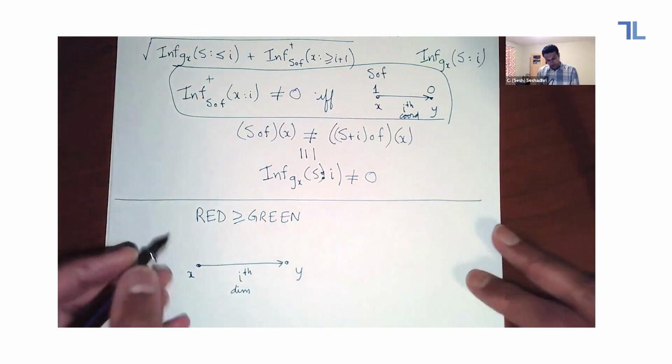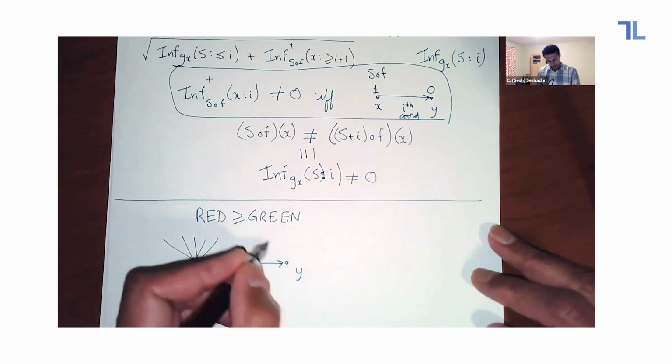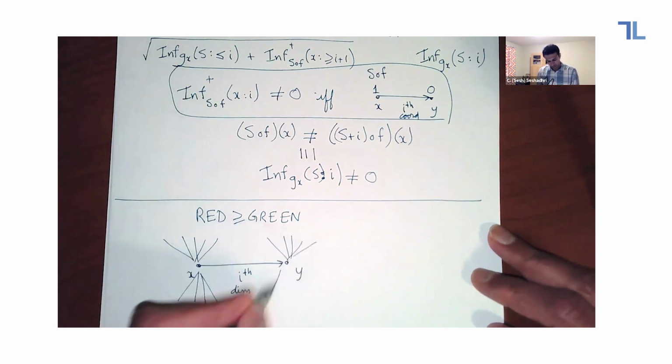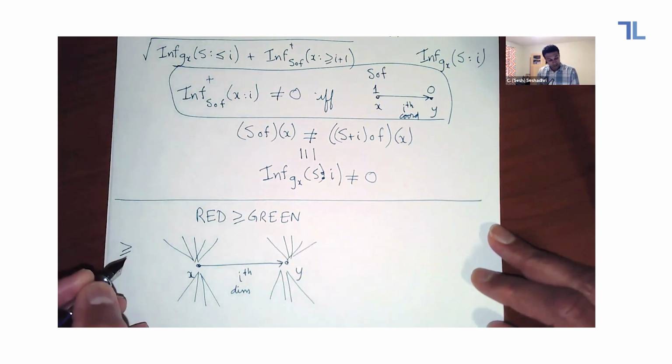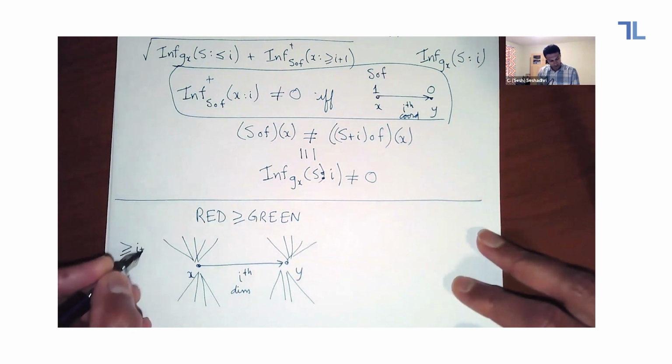So I'm going to look at the coordinates, some coordinates above and some coordinates below. These are the coordinates that are greater than or equal to I plus 1. These are the coordinates that are less than or equal to I minus 1.